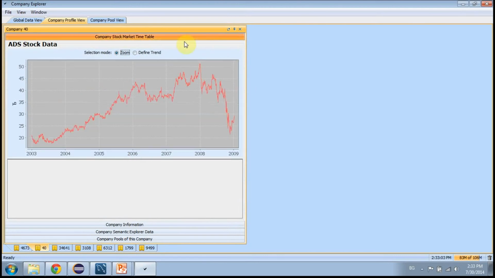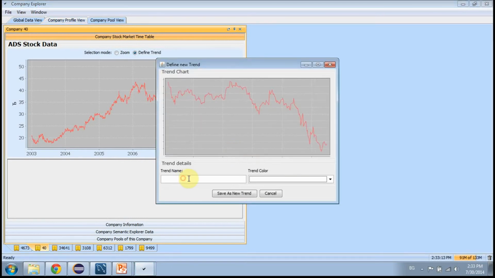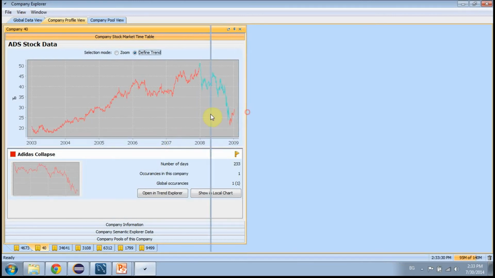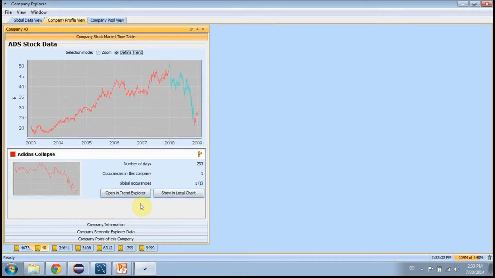And now let's define this movement on the stock exchange as the Adidas collapse, during the crisis, and I will make it in red because it's a negative trend. This is my own annotation, and now I have created some more data because this trend is my own observation.